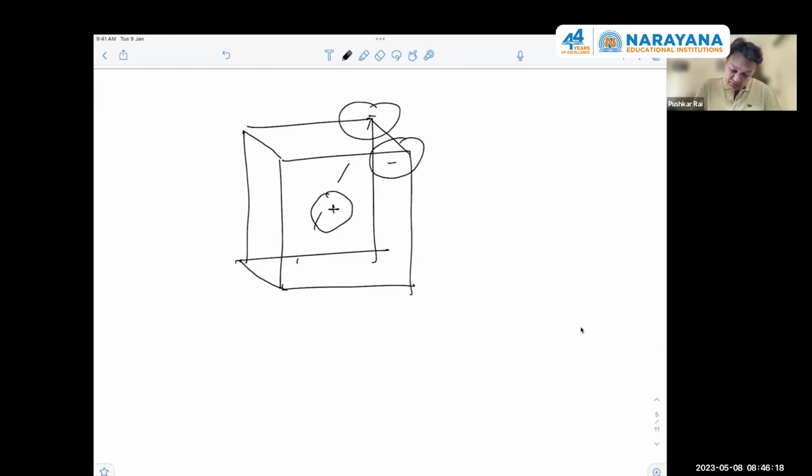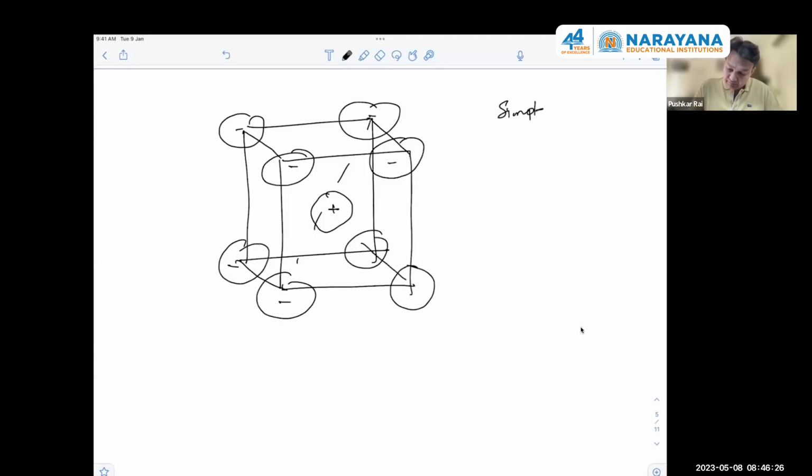Should we call it body centered cubic? Strictly no. This is basically a simple cubic lattice. Sometimes if a student is very well read, they might get confused. We should not call it BCC. It is a simple cubic lattice in which the body centered void has been taken by someone else.